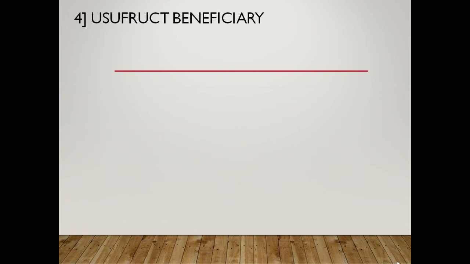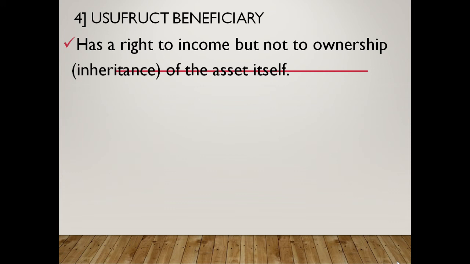The fourth beneficiary is what we call a usufruct beneficiary. So what is a usufruct beneficiary? The beneficiary has a right to income but not to ownership or inheritance of the asset. For example, a man might say the house in Harare is going to be transferred to my son, but whatever income accrues from that house is going to be given to my wife until her death.